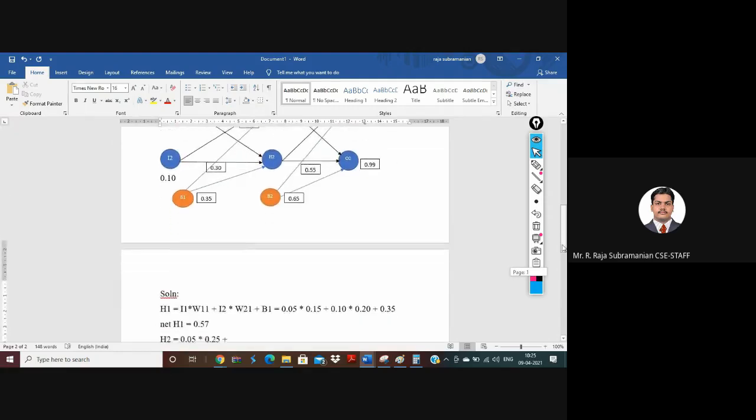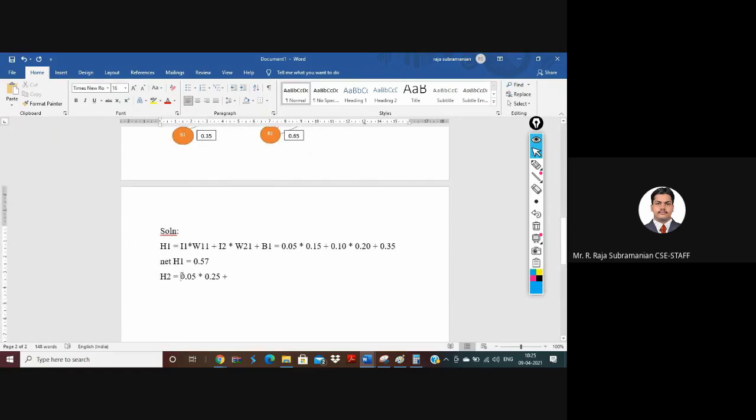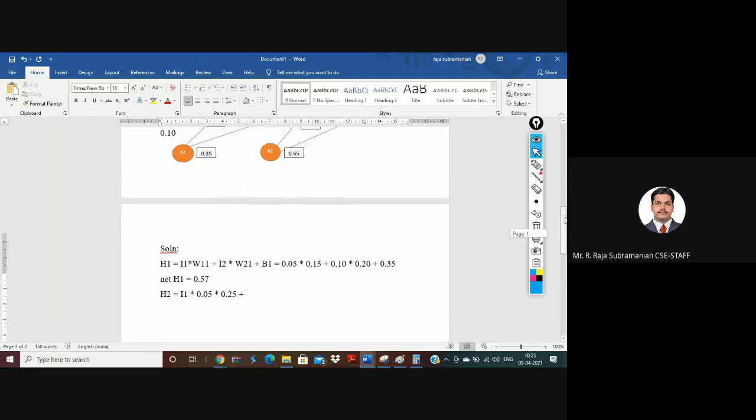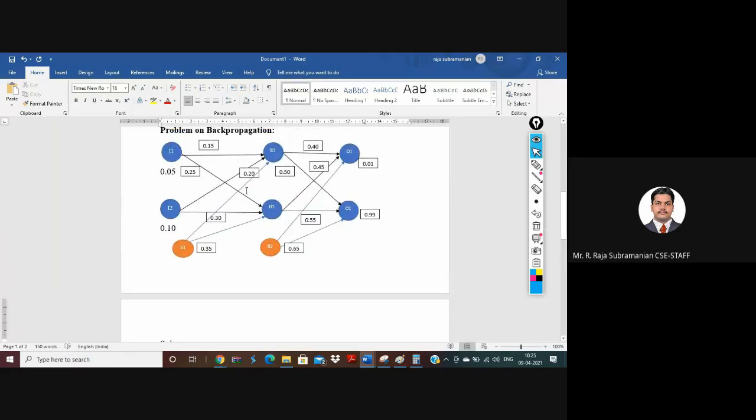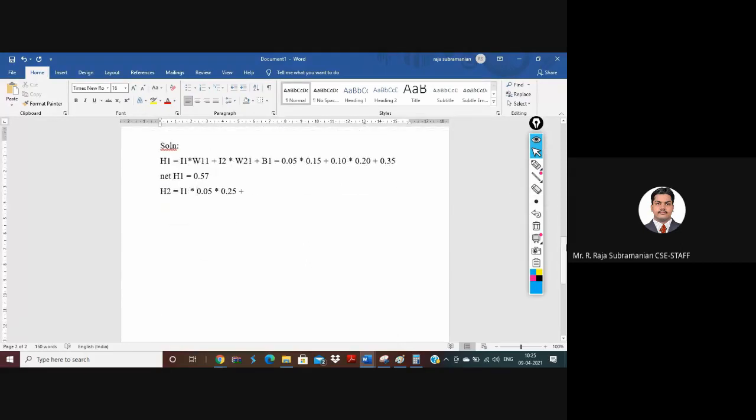Can you say the formula? I'll write the formula first. What is the formula? I1 into W12. This is 1 and this is 2. So I1 to H2, so W12 should be there. So I1 into W12.